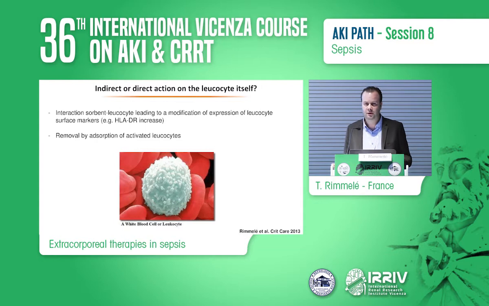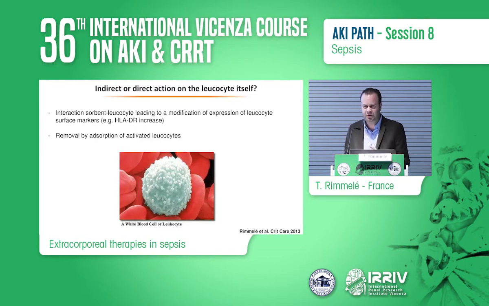We have also other hypotheses. When you put together a sorbent and a leukocyte, they are going to interact in some ways, and you can have some modification of the expression of some markers at the surface of the leukocyte. For example, HLA-DR is very important. These devices can also absorb the leukocytes by themselves.